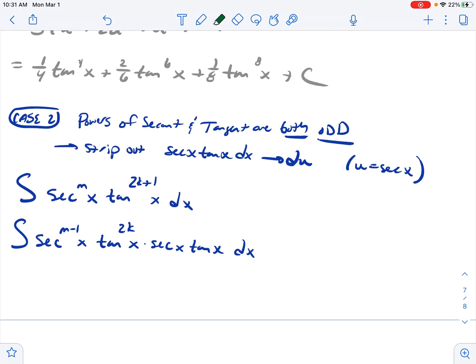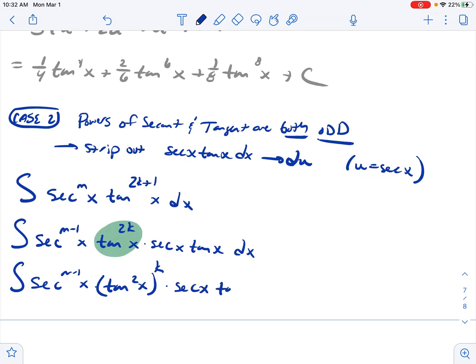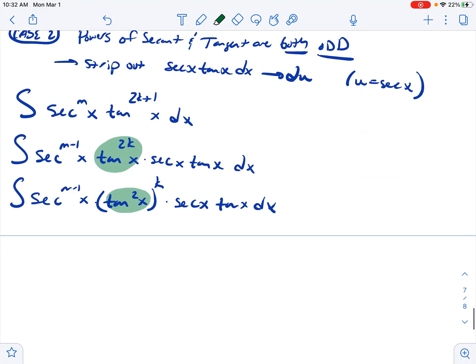Now it's the tan one that I want to get in terms of secant here. So this becomes secant m minus 1 times tangent squared to the k times secant x tan x dx, and now I can use my Pythagorean identity and get integral secant to the m minus 1 power of x. Okay, tan squared becomes secant squared x minus 1.